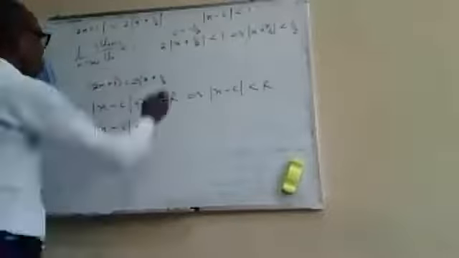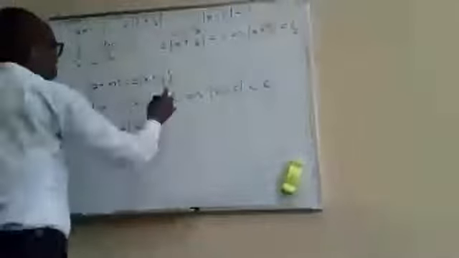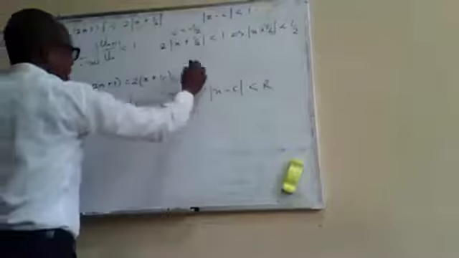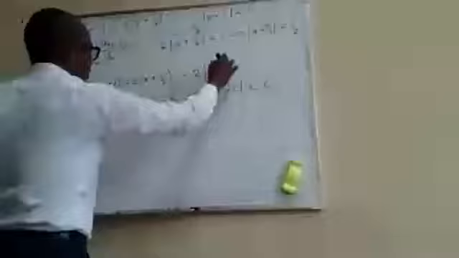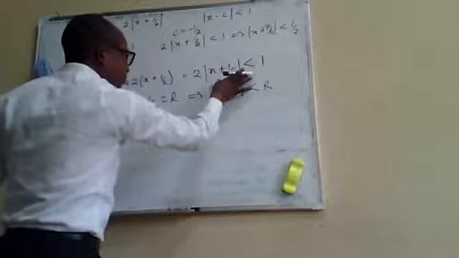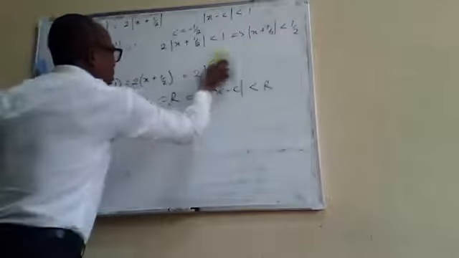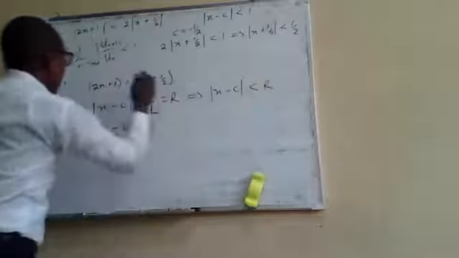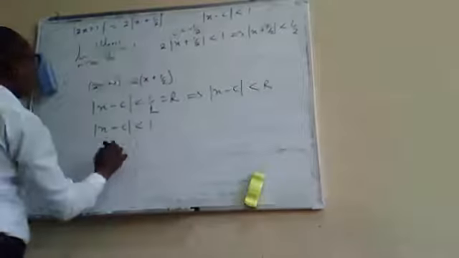Going by what we obtained from our solution, we have 2 times |x + 1/2|. So when you compare, we have to check whether this satisfies the test. What I have is 2 times |x + 1/2| less than 1.